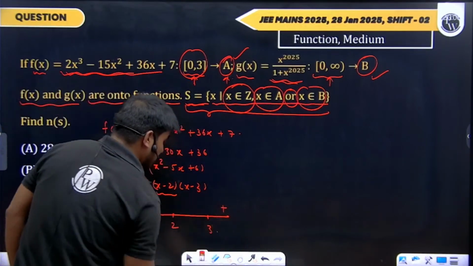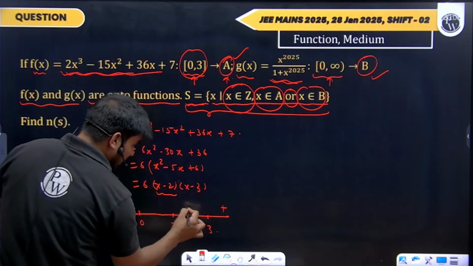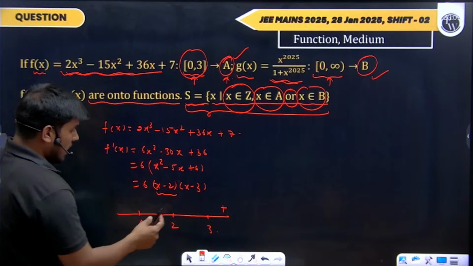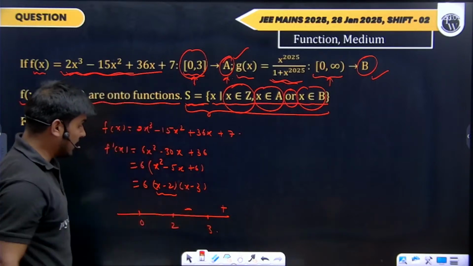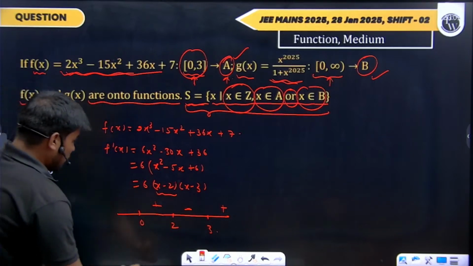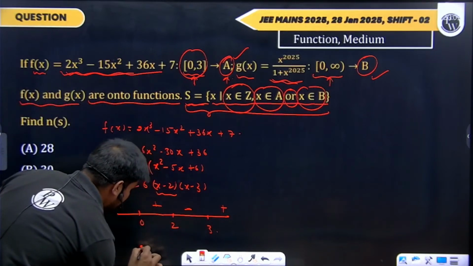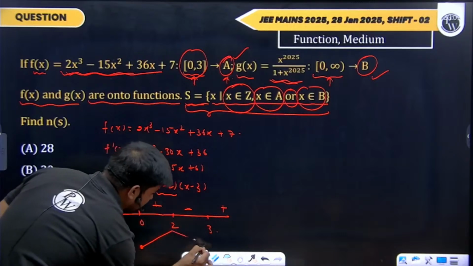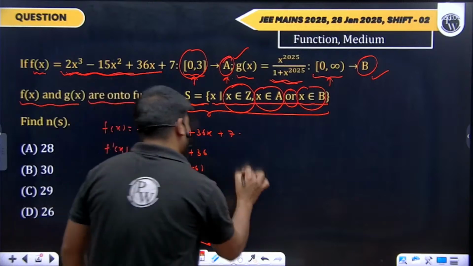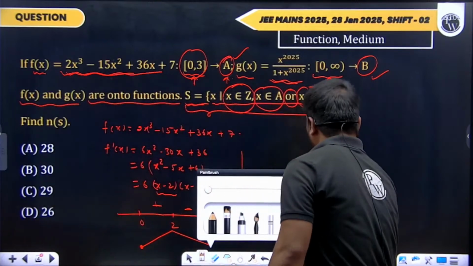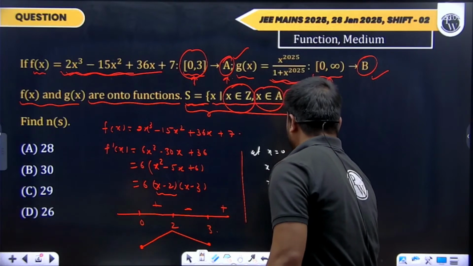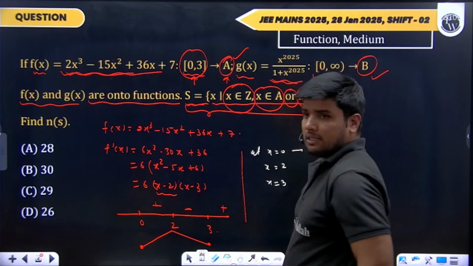Here f'(x) will take positive values, from 2 to 3 f'(x) will take negative values, and after that again positive. It means the function is increasing from 0 to 2 and decreasing from 2 to 3, so we have to identify values at x equals 0, x equals 2 and x equals 3 for f(x).